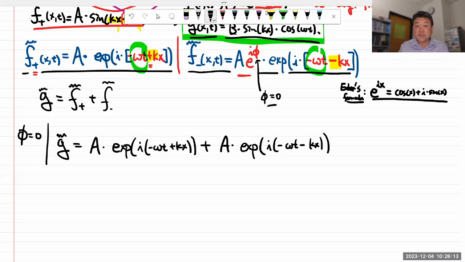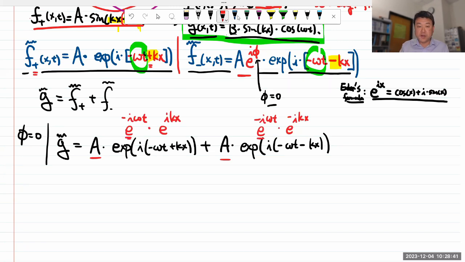And I see some things I can factor out. I can factor out A, it's common in both terms. And with these two exponentials, I can do a little bit of exponential algebra to rewrite this as e to the minus i omega t times e to the i kx, and e to the minus i omega t times e to the minus i kx. So I can factor out these two common terms.